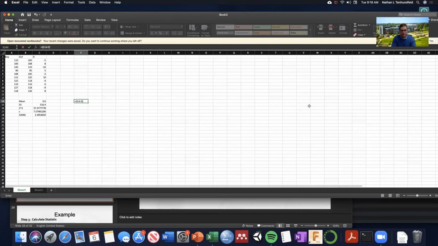Let's see, our mean 0.6, our sum of squares 516.4, variance 57.38, standard deviation 7.57, observations 10. Yet again, this null mean difference is 0, degrees of freedom 9, standard error 2.4 like we calculated.